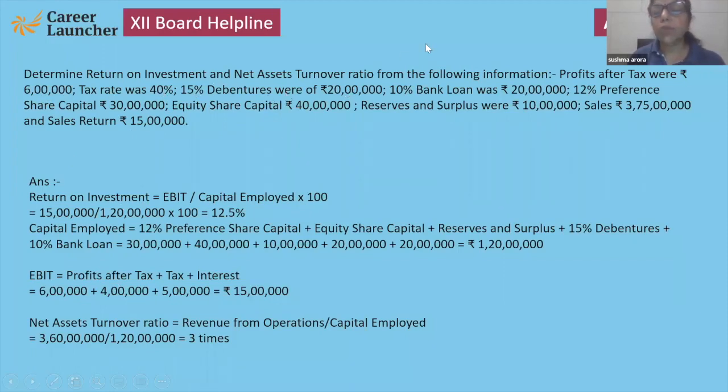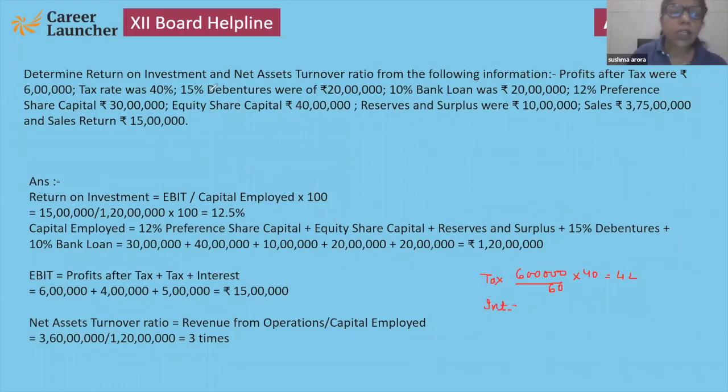Here I am going to show you how to do that. Tax: 6 lakh is for 60%. We have to calculate for 40%, so that will come 4 lakh. This is tax. Now someone is asking about calculating of interest.